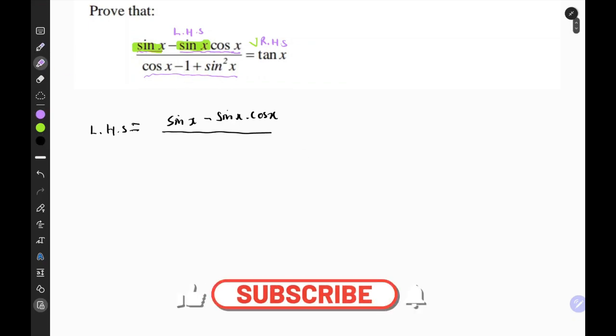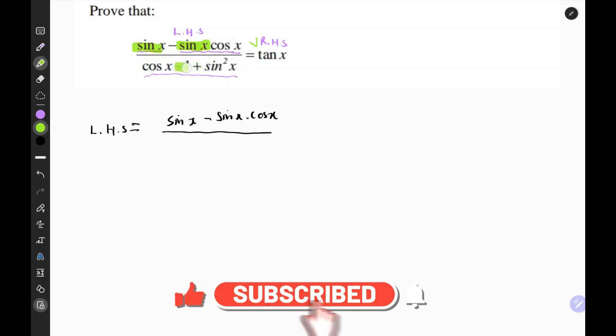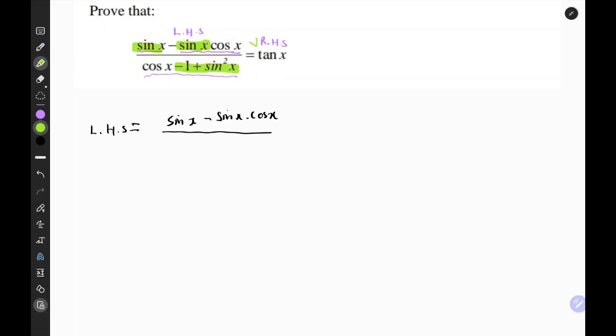I want us to pay attention to this expression, minus 1 plus sine squared of x. Let's see if we can use the identity sine squared of x plus cos squared of x is equal to 1 to write this in terms of cos squared of x.